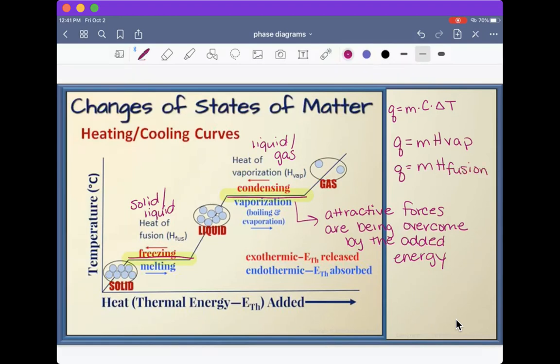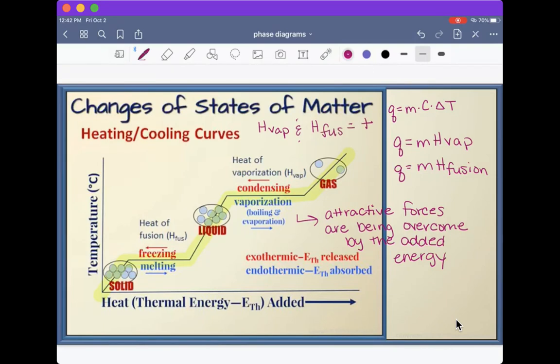Now, also, if you're going in reverse, so if I'm going to erase all of this here. If I am going in this area, so I'm following the graph in this way, all of my heat of fusion and heat of vaporization values are going to be positive.